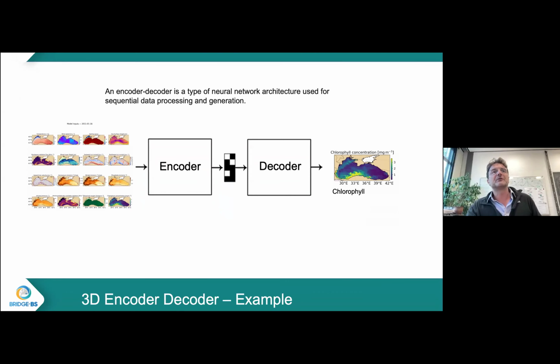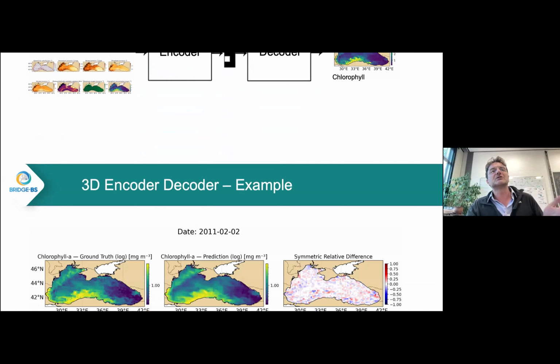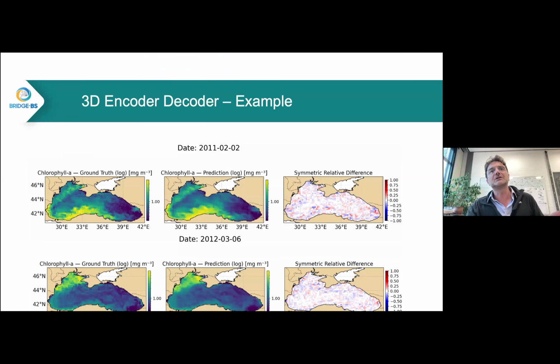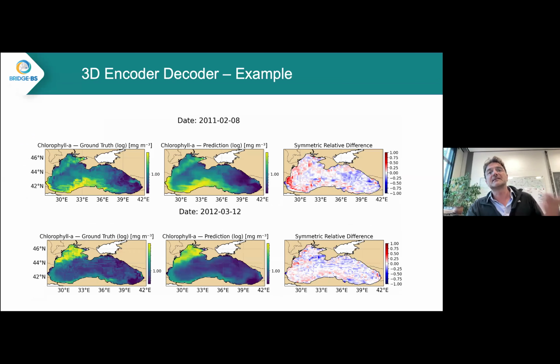So how do the models perform? On the left you have the ground truth, which is the process model output. In the middle, you have the statistical representation, the neural network forecast of that dynamic. And on the right, you have the error that we commit in using the statistical representation of those processes.